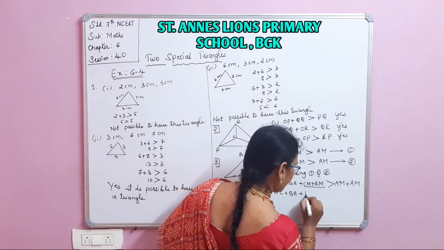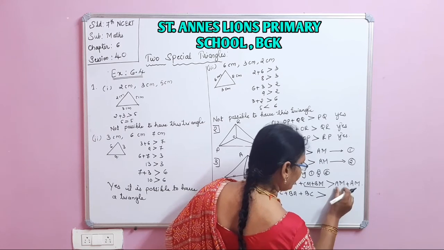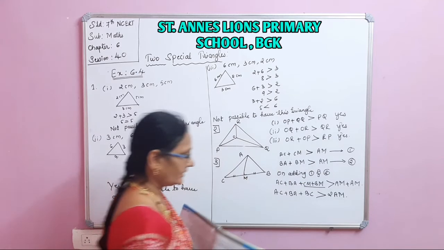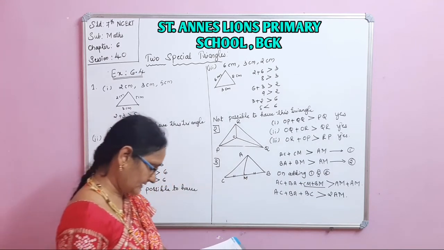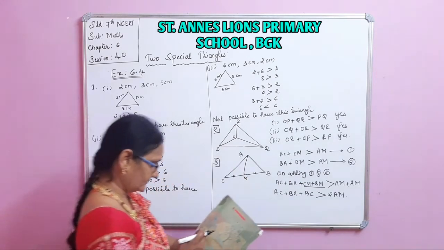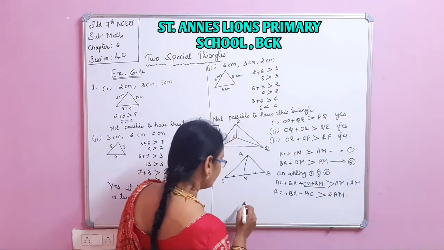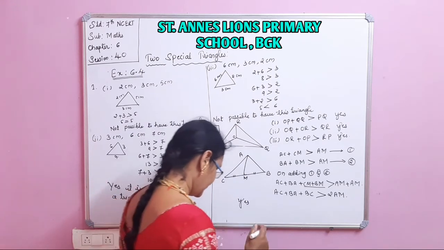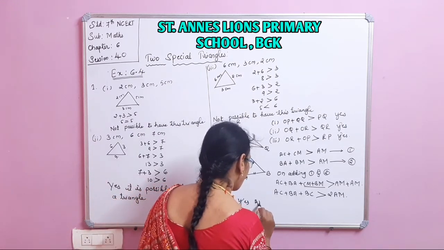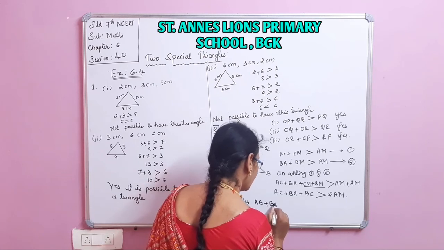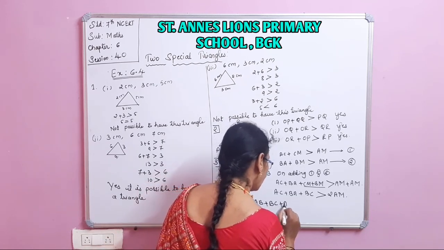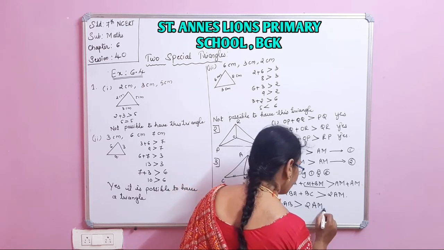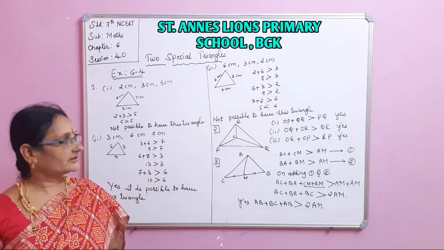So we can write AC plus AB plus BC is greater than AM plus AM, which is 2AM. So what they asked, the same thing. The answer is yes, AB plus BC plus CA is greater than 2AM. This is the third main.